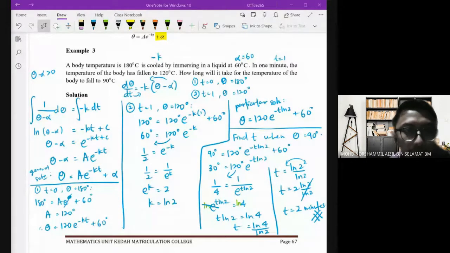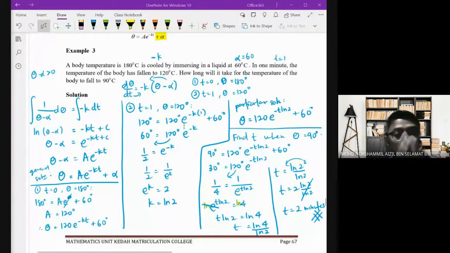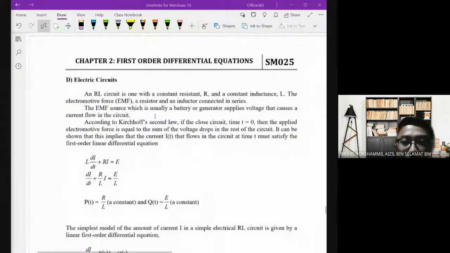Just type it if you have any problem. Feels like teaching in Sabah Sarawak. Okay, so I assume everything is okay. Anything, WhatsApp me. So done with example number 3, move on to example number 4.